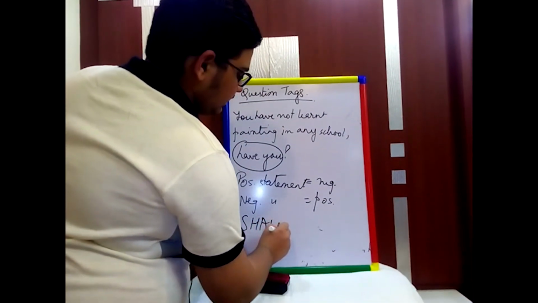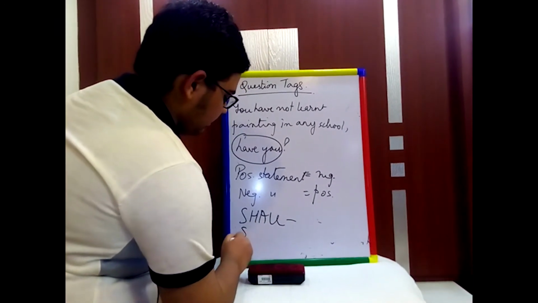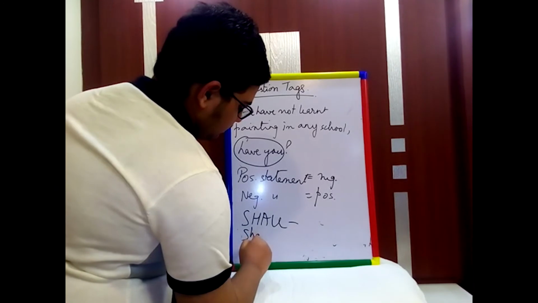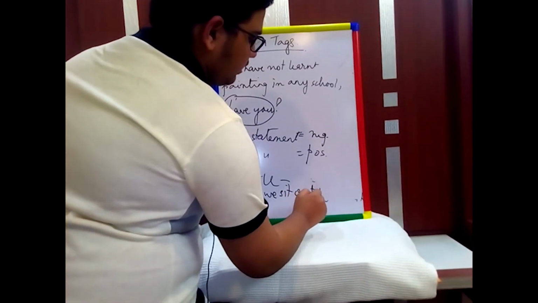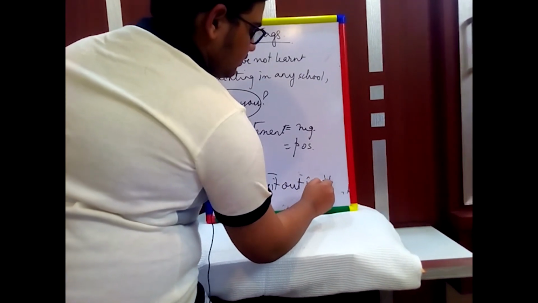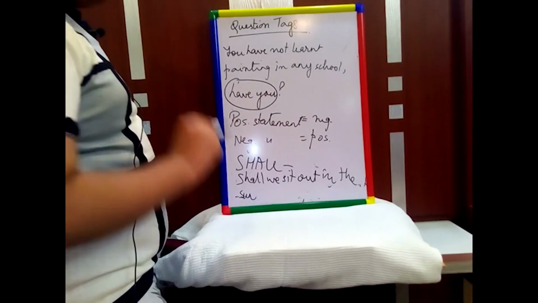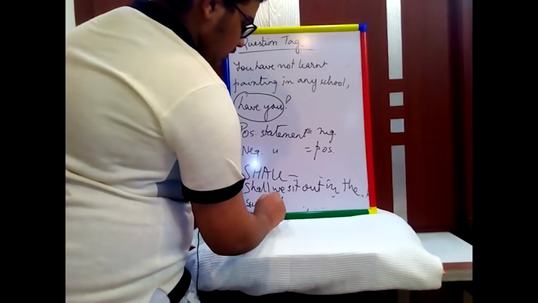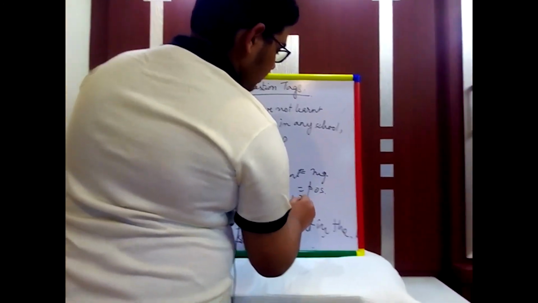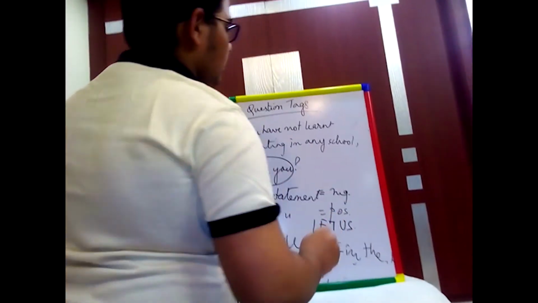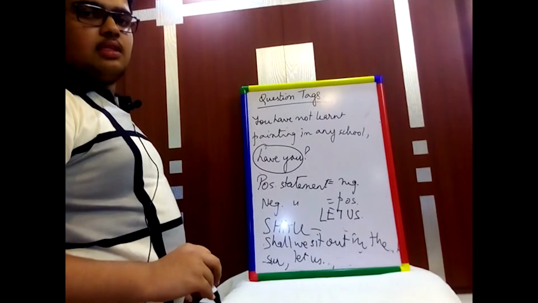When we have a sentence with shall, for example, shall we sit out in the sun, after this we always use let us. So with shall we always use let us. So with this we come to the end of this sentence chapter. Thank you.